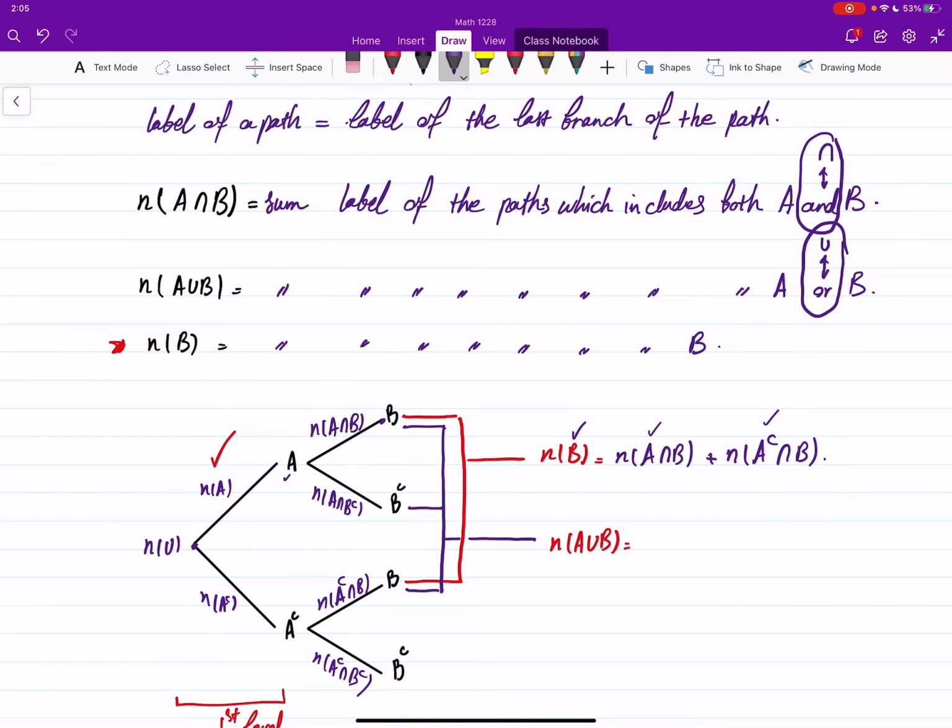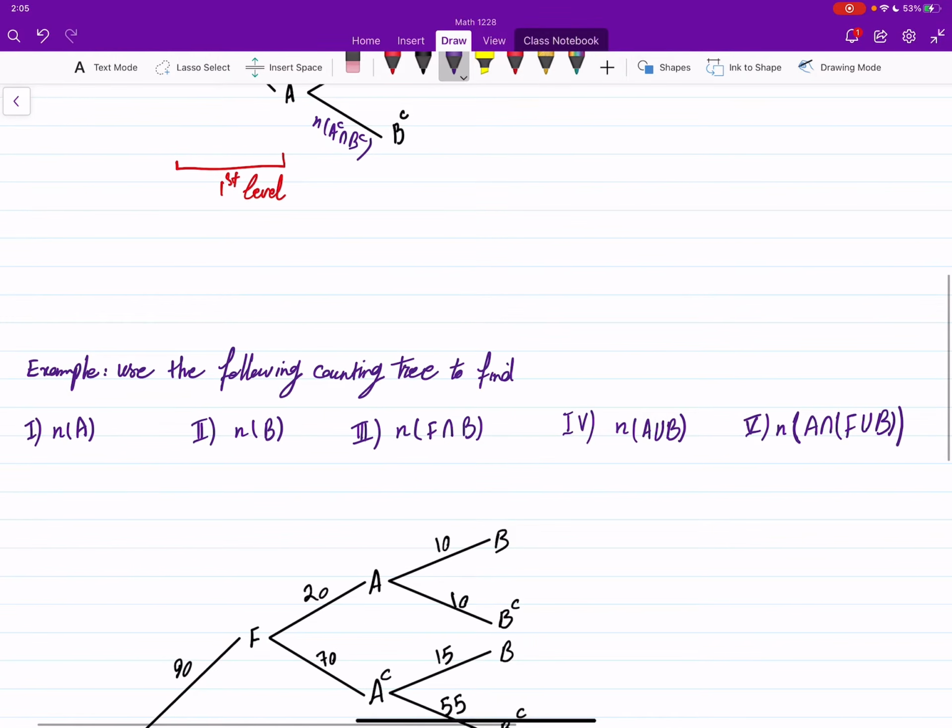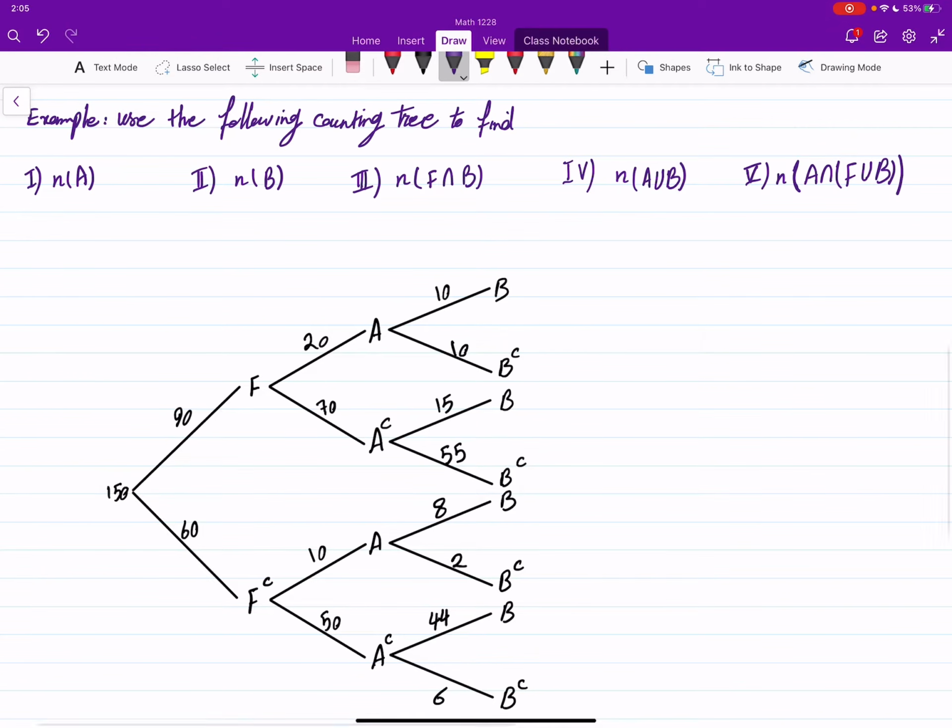Okay, let's see this in practice. So here I have a complete tree, and we are looking for n of A. While I go and see n of A, I can come here and notice right away that A is not in the first row, but it is in the second row. So I will find all the paths which include A, and for that I will only use the second level paths. Okay, so this one is the one.